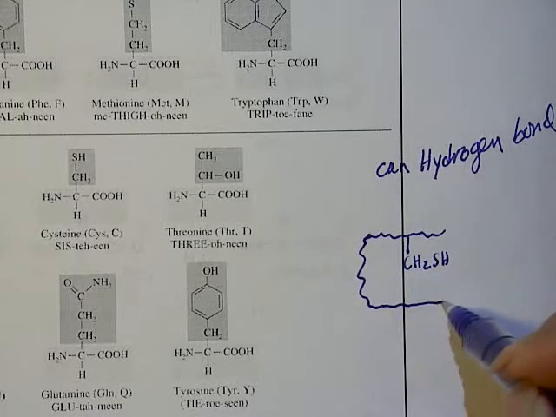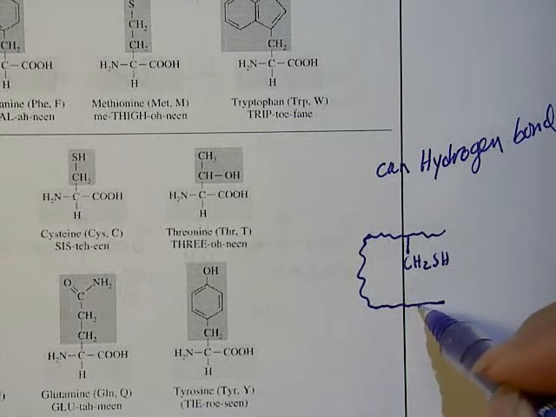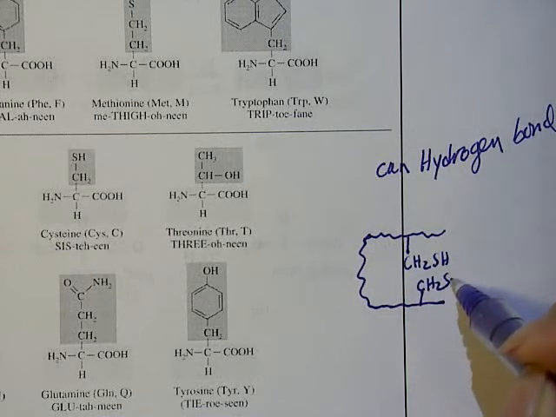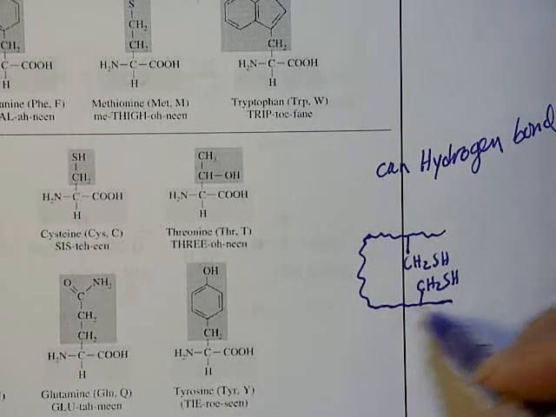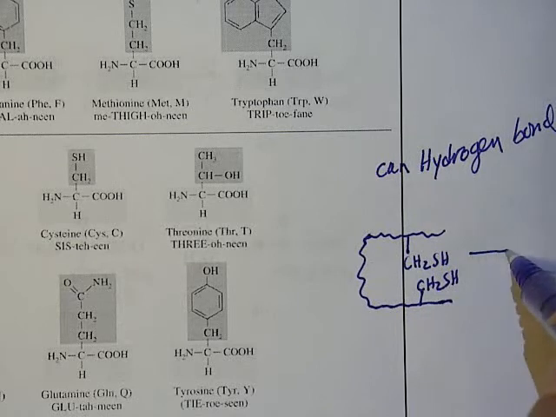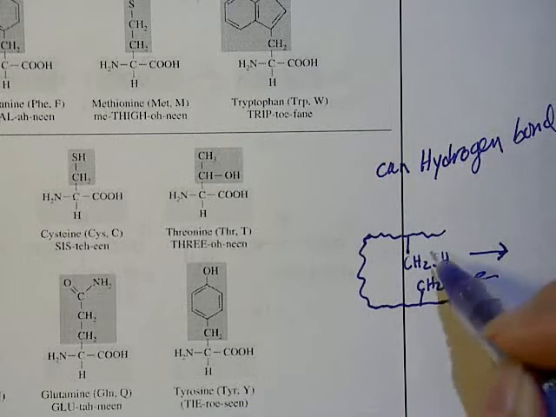It could even be the same chain, and let's say there's another cysteine residue at a different end of a protein.